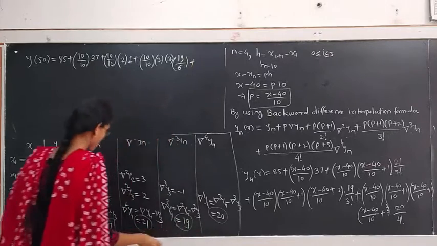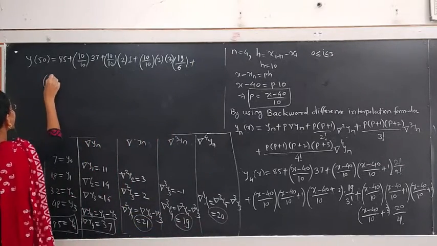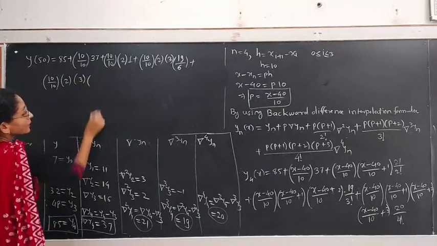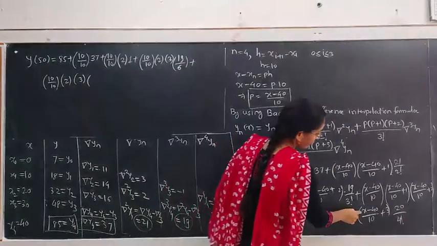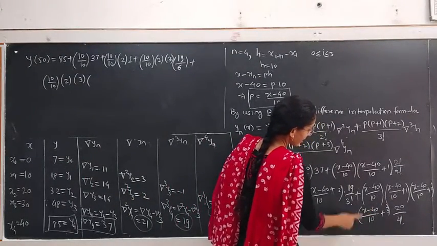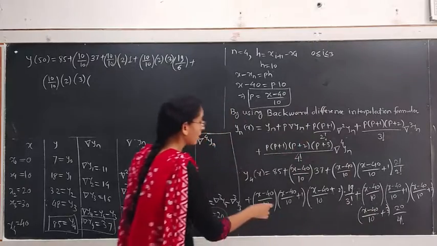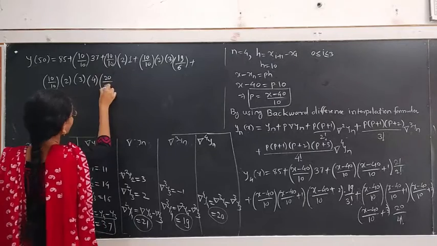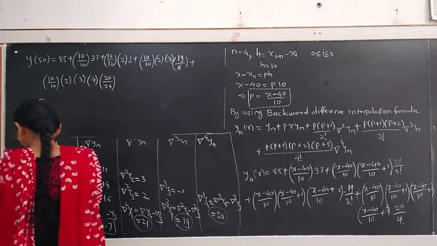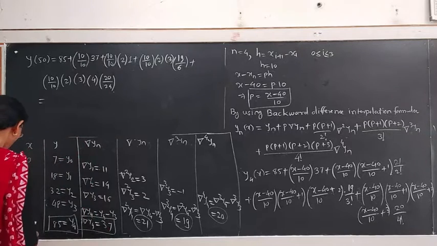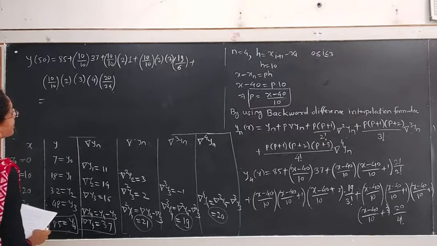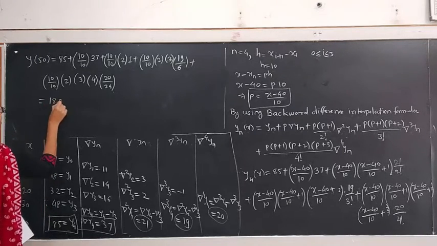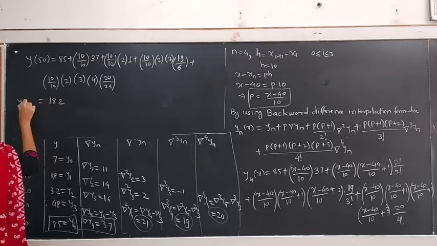The last term is 10 upon 10 into 2 into 3 into, using x is equal to 50, 50 minus 40 is 10, 10 by 10 is 1, 1 plus 3 is 4, into 20 upon 4 factorial, which is 24, which is equal to, after this calculation, 182. This is the value of y of 50.